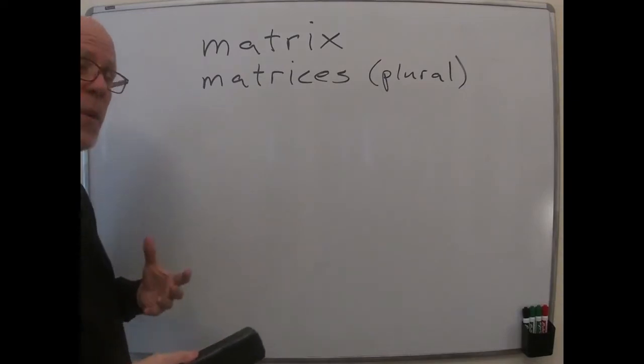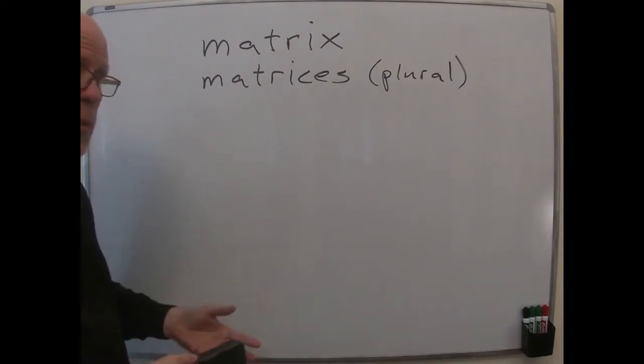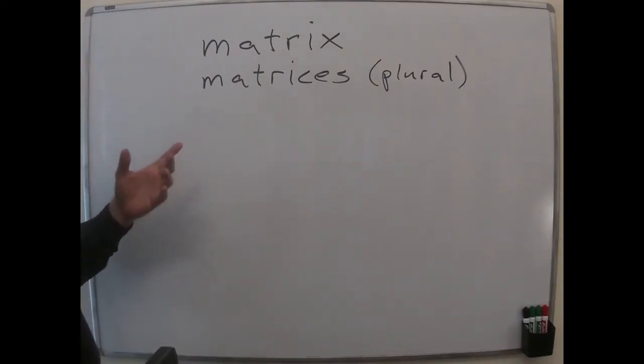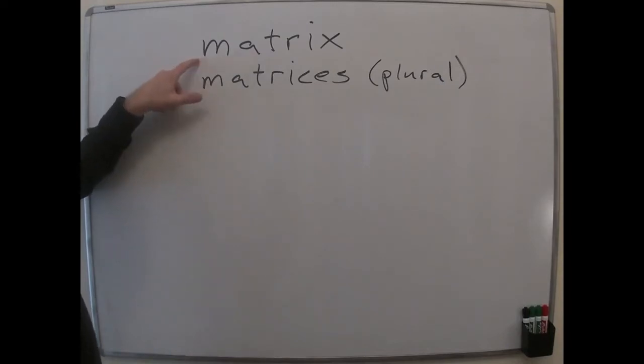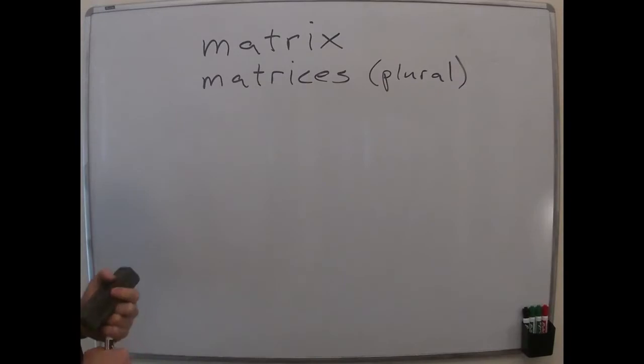The maitre d' at a restaurant is somebody who takes you to your table. Well, actually, I think I may have that wrong, because that might be the master version of it. Anyway, regardless of etymology, the word means a table for us. A matrix is a table of numbers.